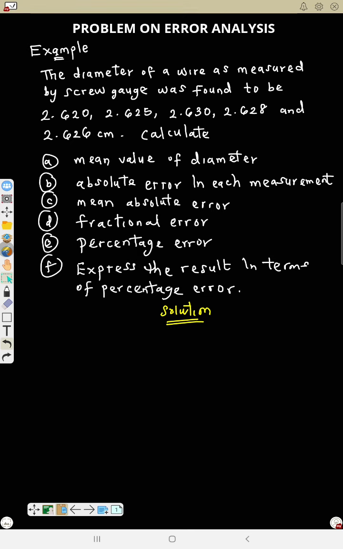We say absolute error is the difference between the true value and the measured value of a quantity. So here our true value is AM. We'll take our mean value as the true value since it will be very close to the real value.